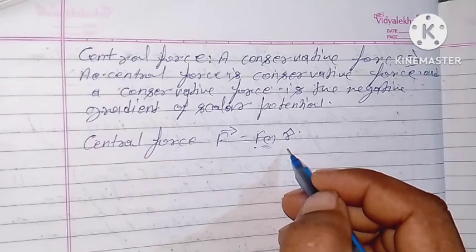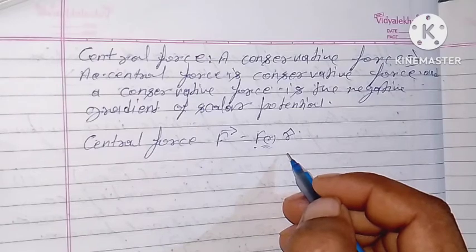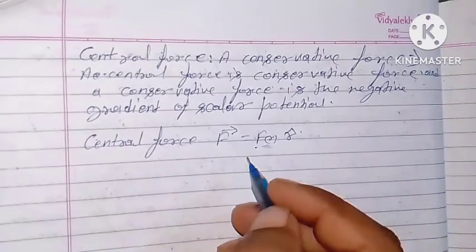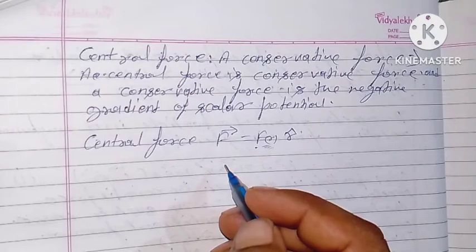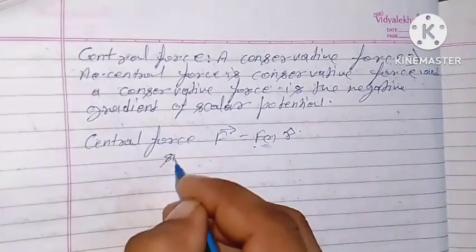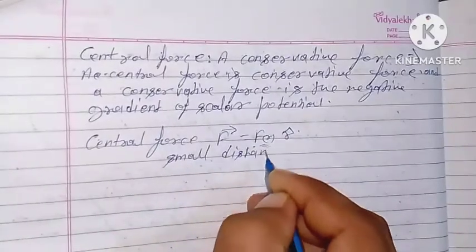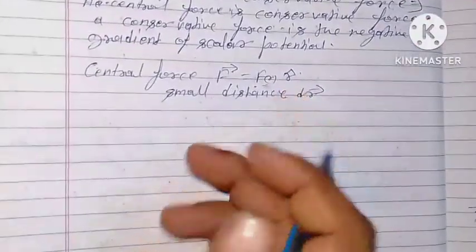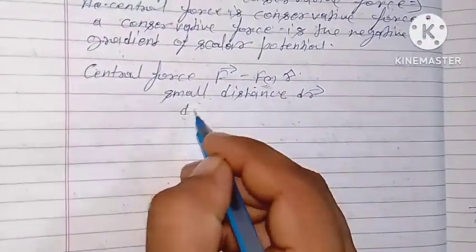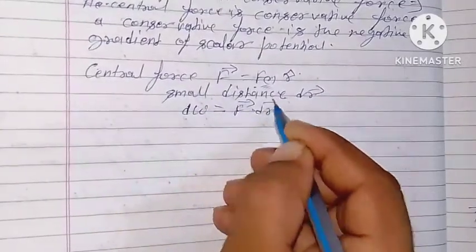Suppose the force acts on a particle and displaces it through a small distance dr vector, then the work done by the force is dW equal to vector F dot dr vector.